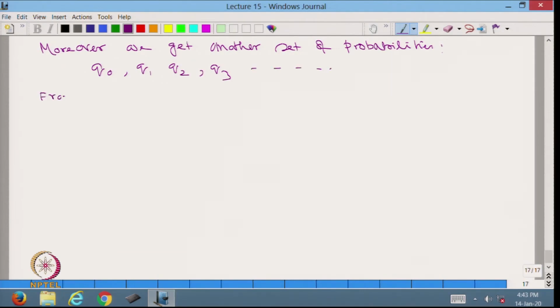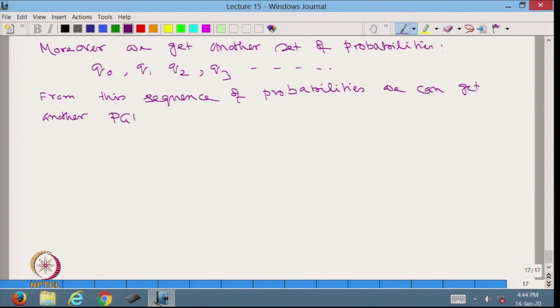From this sequence of probabilities, we can get another probability generating function, namely Q(s) is equal to sigma q_i s to the power i, i is equal to 0 to infinity.